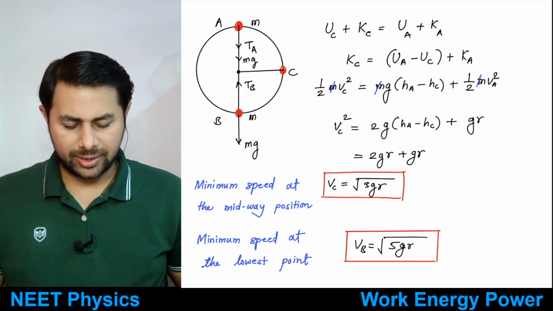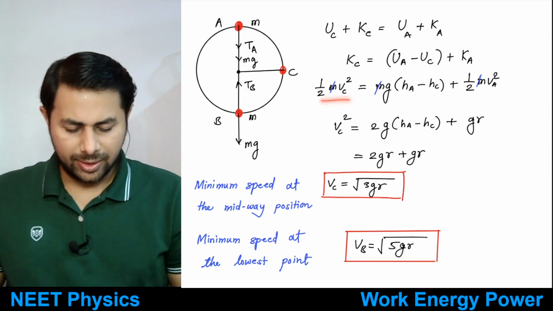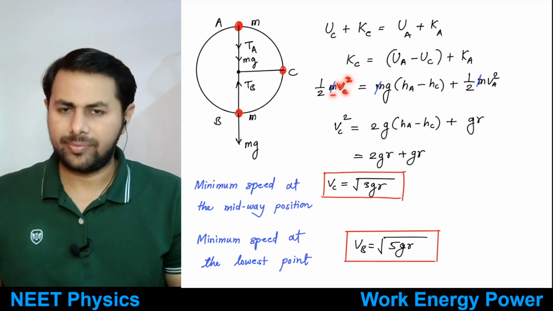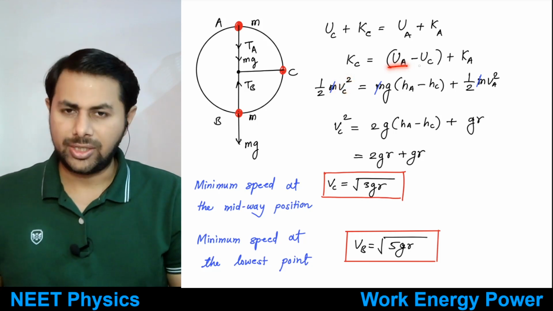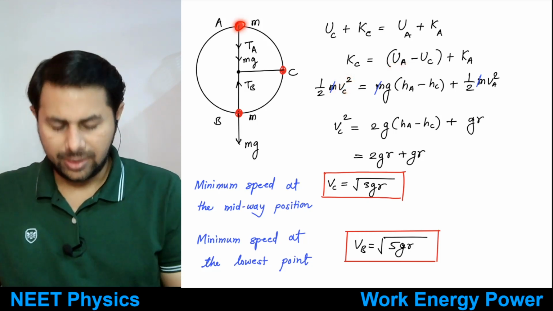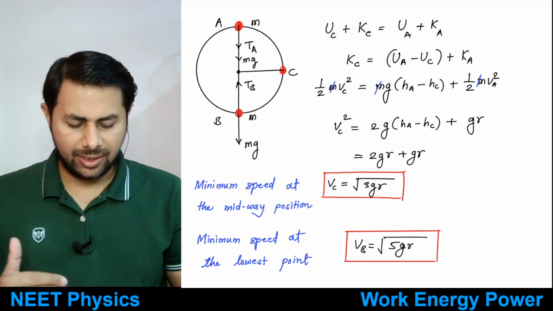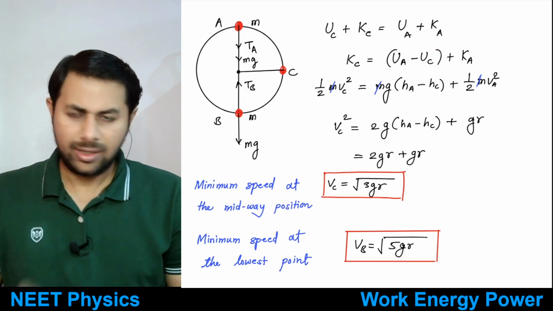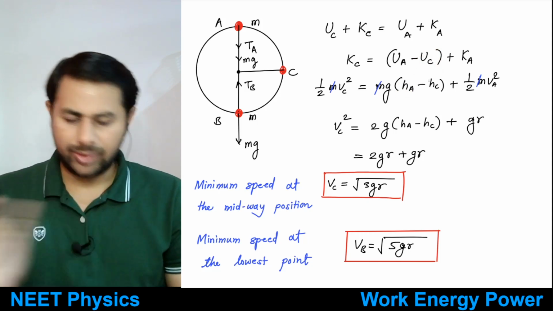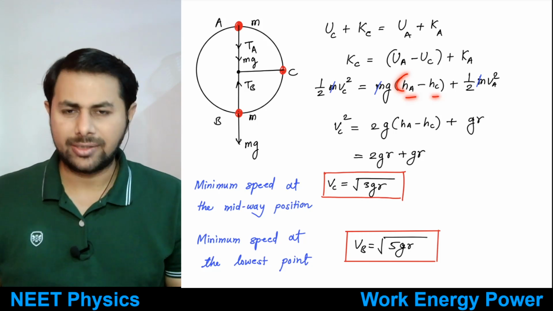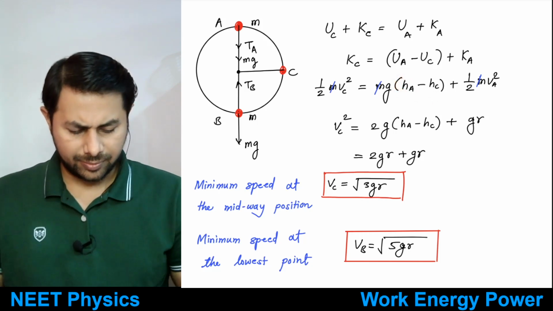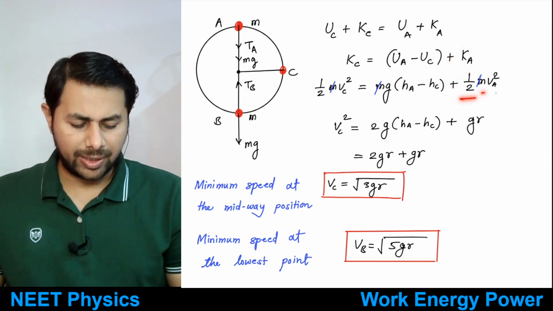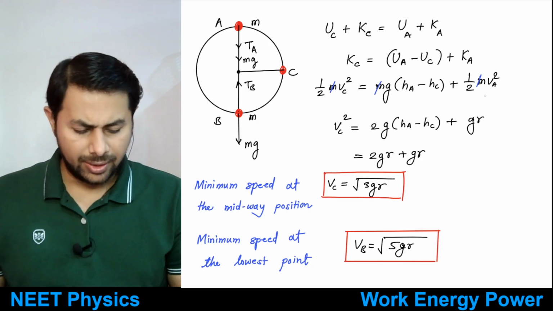Kinetic energy is half of mv square, so kinetic energy at C is half of m into V_C square, and that equals potential energy at A, which is mgh at A, minus potential energy at C, which is mgh at C. I take mg common, so you have H_A minus H_C, and then plus kinetic energy at A, which is half of m into V_A square, right?